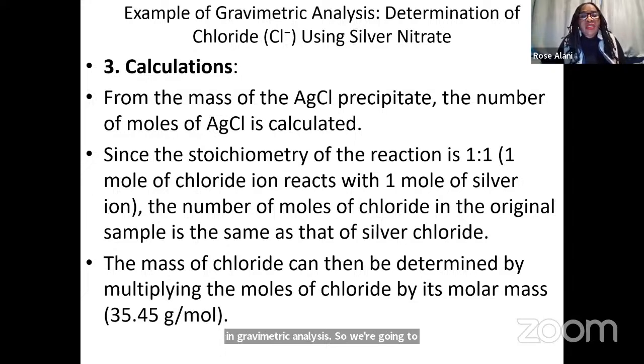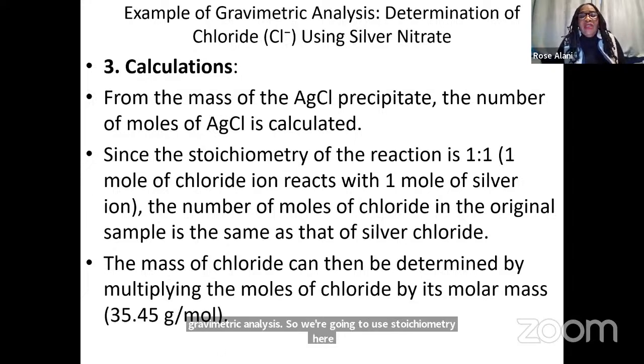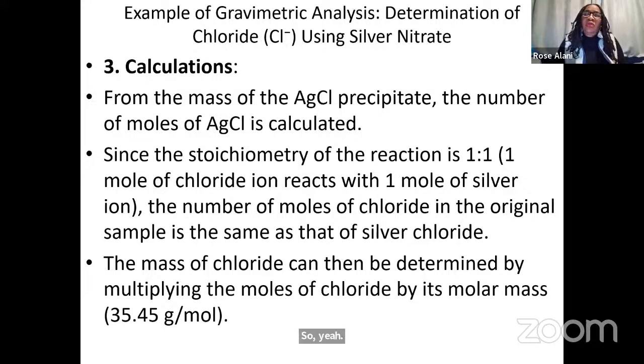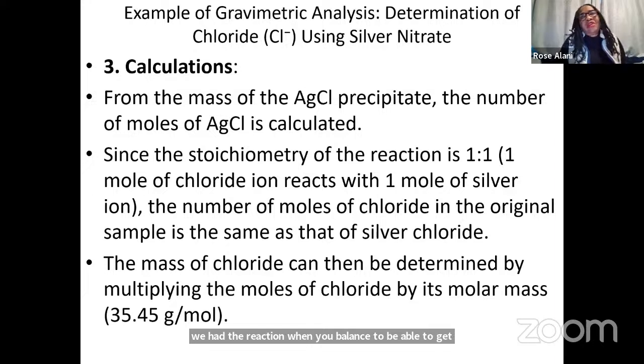Here in the stoichiometry of the reaction between sodium chloride and silver nitrate, when you balance your equation, you know how many moles of reactants reacted and to form what number of moles of the product.